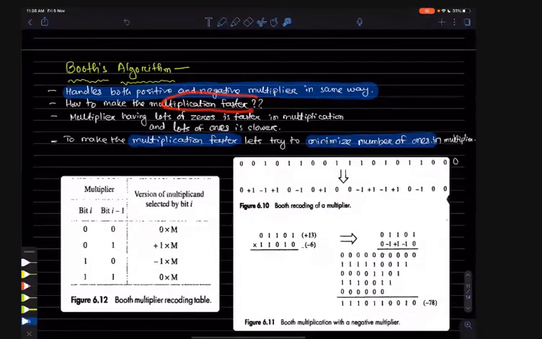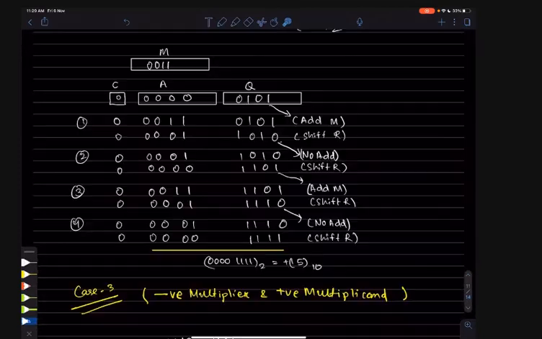Then it also makes the multiplication faster. But how? In the previous step we have seen that whenever the multiplier has lots of zeros, the multiplication is faster. Why? Because whenever you get lots of zeros in the multiplier, you have to do no add operation.